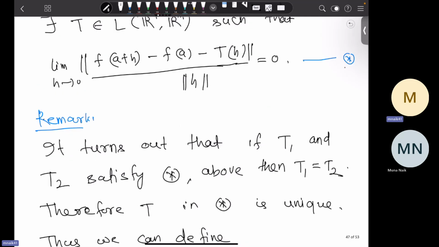For the one dimensional case, we do not prove uniqueness, because in the one dimensional situation, for a function from R to R, we get the derivative by taking a limit of some quotient, and limit is always unique. For that reason, we don't prove uniqueness in the one dimensional case.